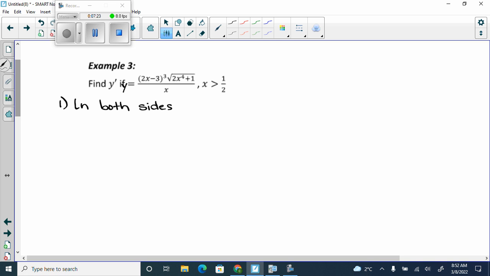So when you see something where your f prime or your g prime is a product rule, think, don't do it this way. Think logarithmic differentiation. So your first step is to ln both sides. So I'm going to go ln y equals ln that. Like I said, it's quite a bit of work to write out, but it is not hard.